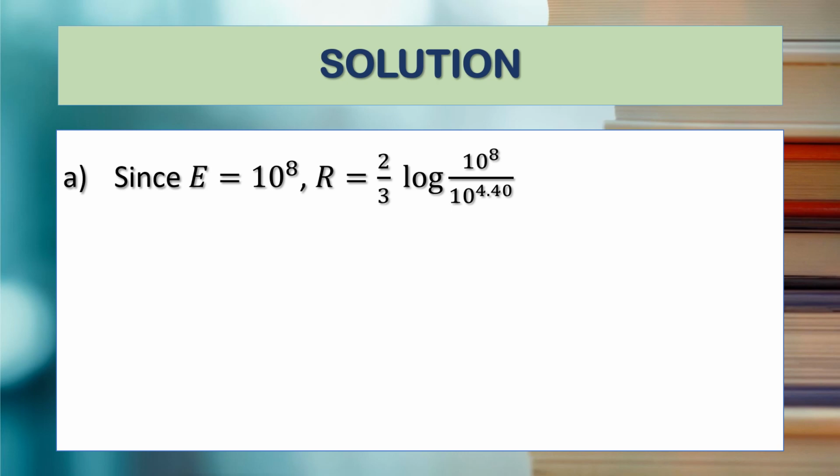So in applying the rule of exponent of quotient, we just simply subtract the two exponents, the exponent of the numerator by the denominator, which is 8 minus 4.4. So that will give you 2/3 of the log of 10 raised to 3.6. So this 3.6 comes from 8 minus 4.4, which is 3.6.